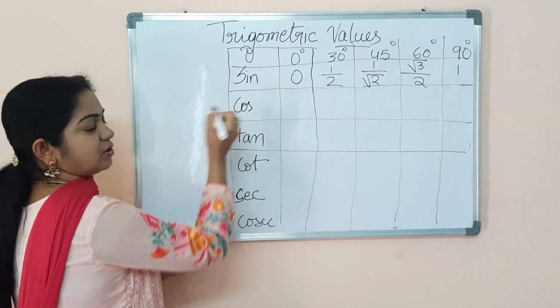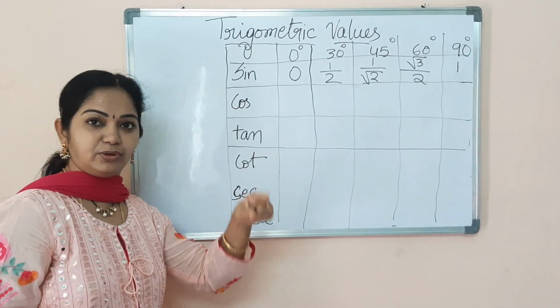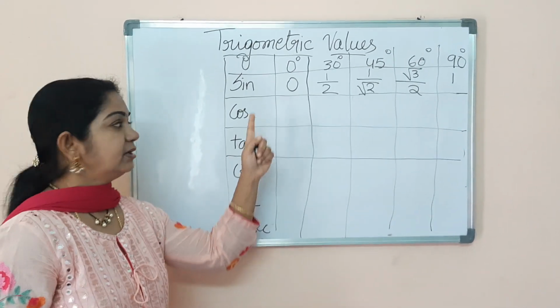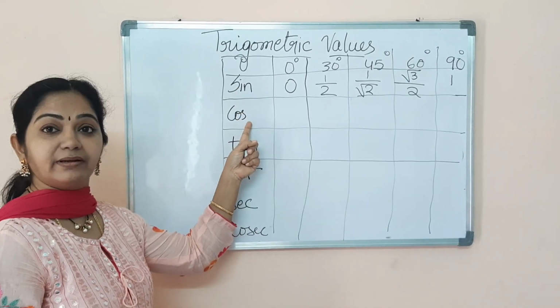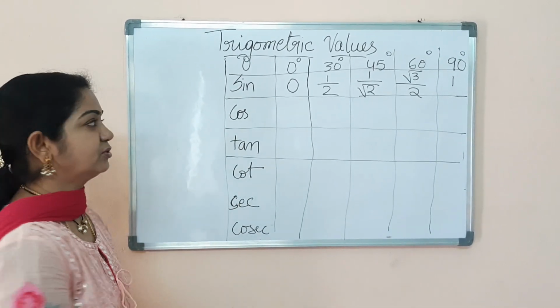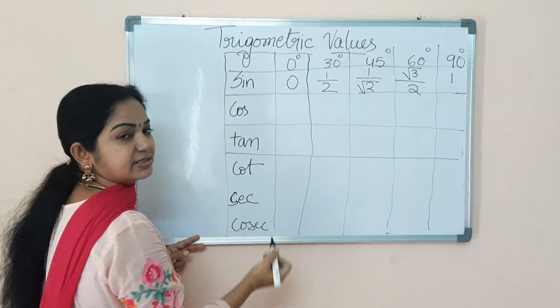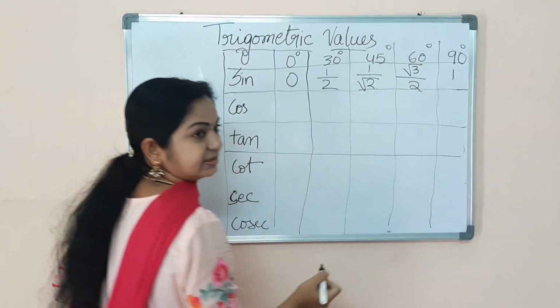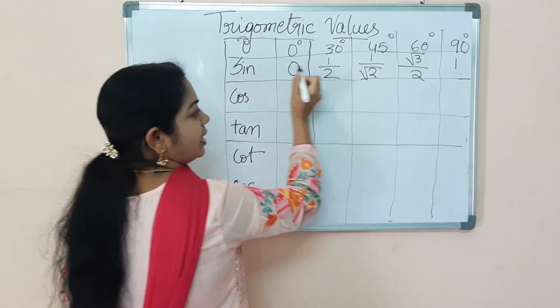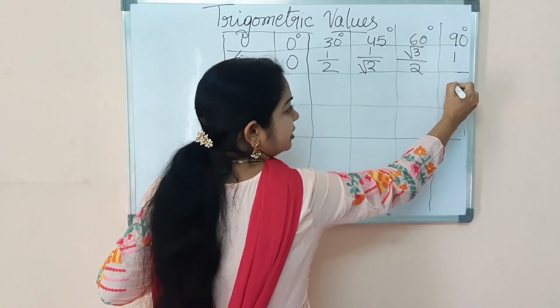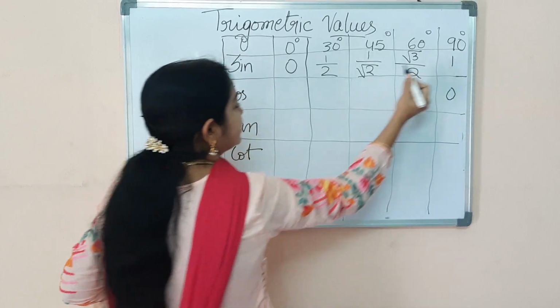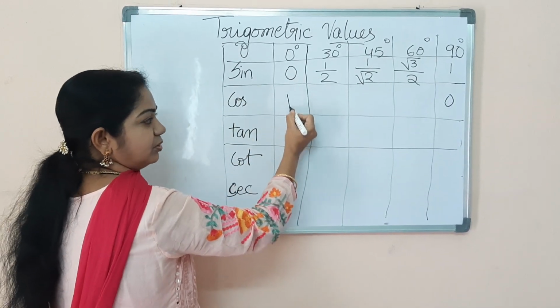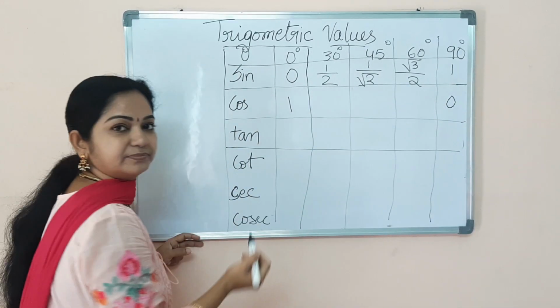When we take cos, as I have told you previously, cos is the complementary angle for sine. So when I say sine 0 degrees, the complementary angle is cos 90 degrees. That means the 0 value should be here, and sine 90 degrees is cos 0, so the value 1 comes here.